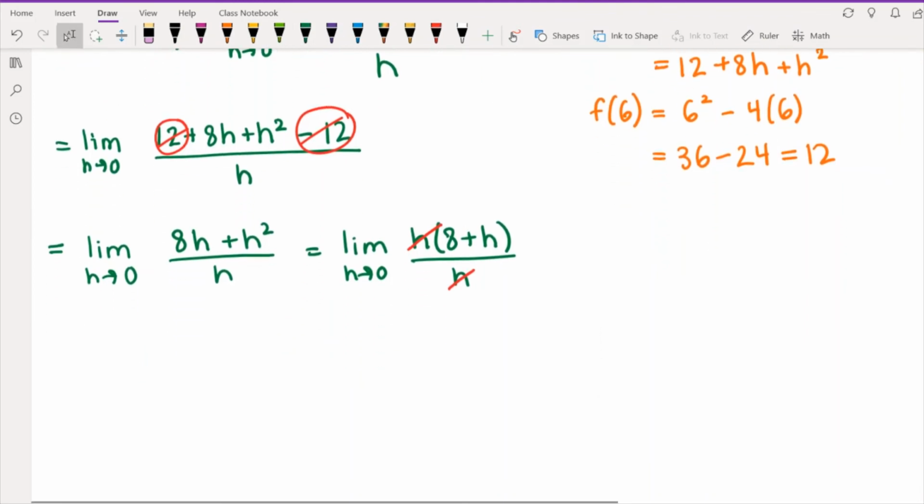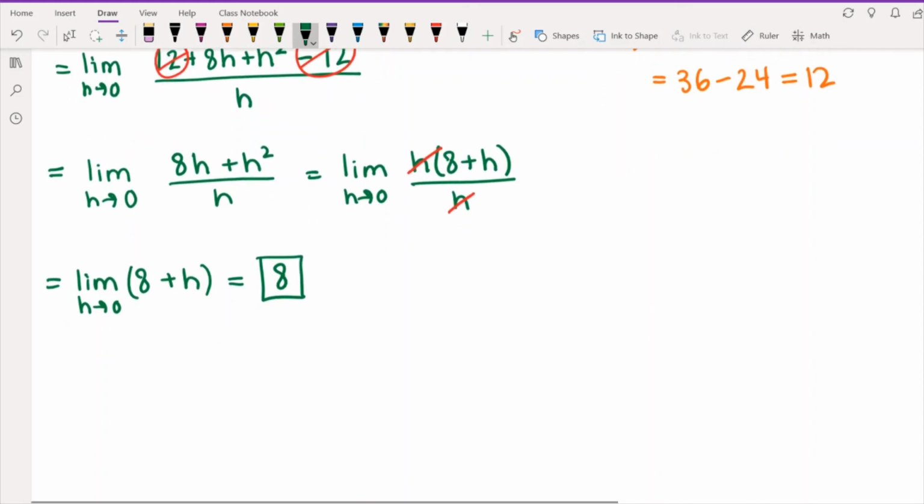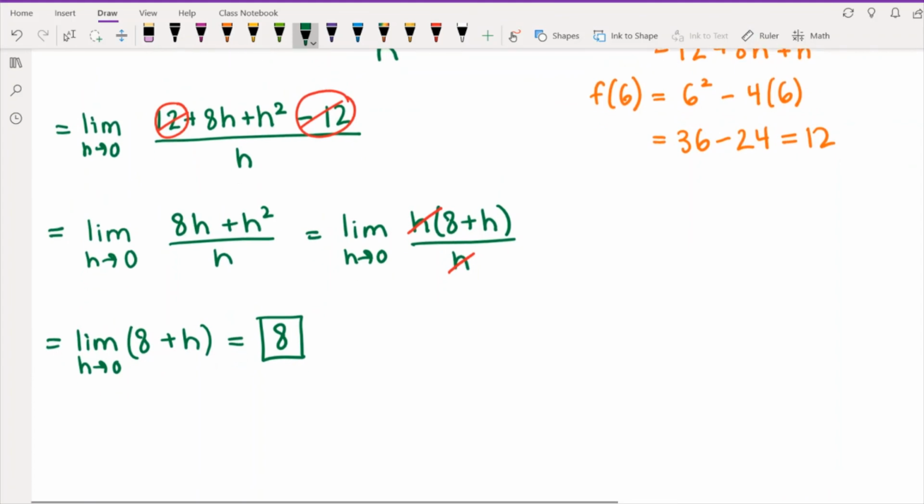And we're left with the limit as h approaches 0 of 8 plus h. And so now we can go ahead and plug in h is equal to 0, and we find that our slope is equal to 8. So that's the first step, using derivatives to figure out the slope of the tangent line. That's really the only part of this entire process that requires calculus.